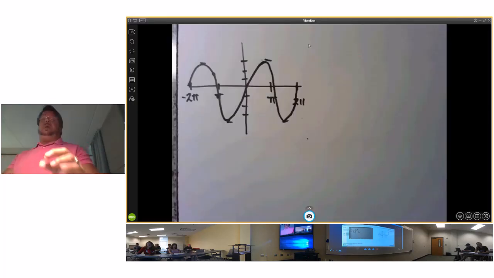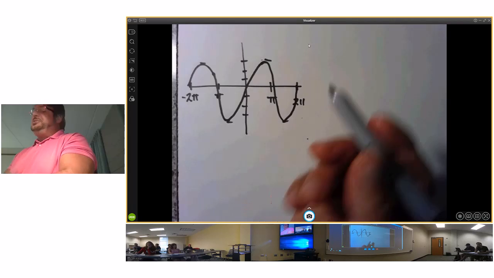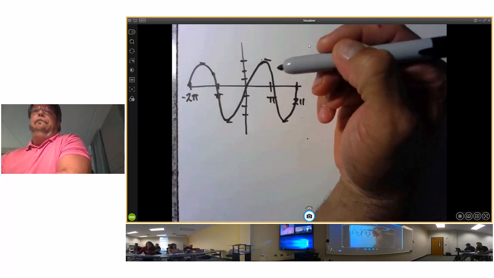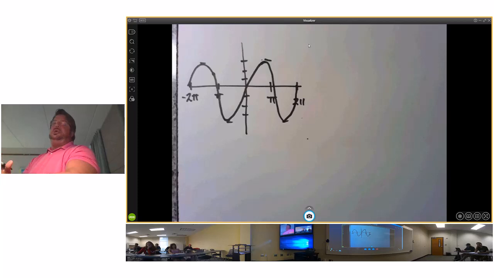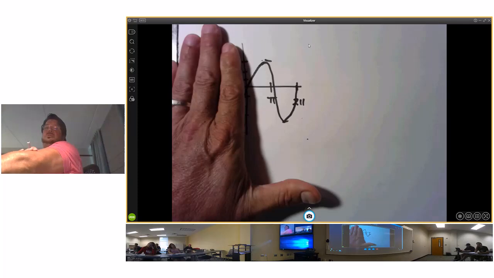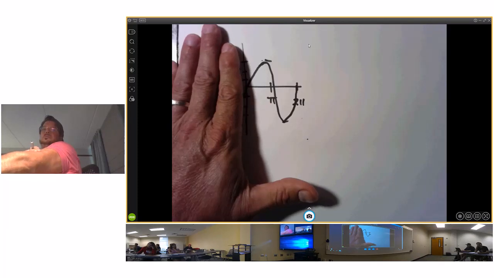Now, what does symmetrical mean? Symmetrical means that it's a mirror what? Image. A mirror image. So right now, if you just took this away, is that a mirror image? Yes or no? Yes, it's a mirror image around the what axis?